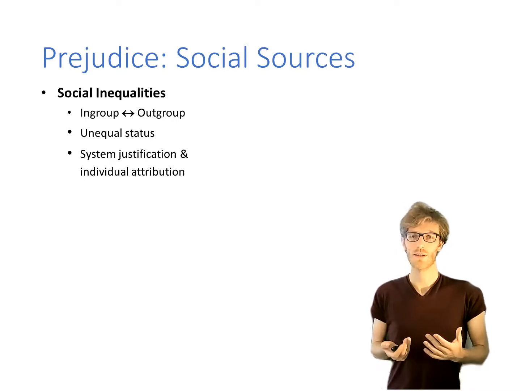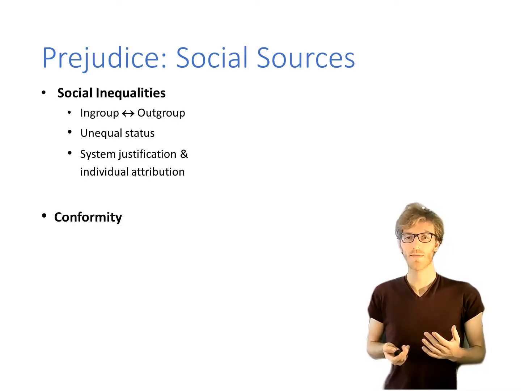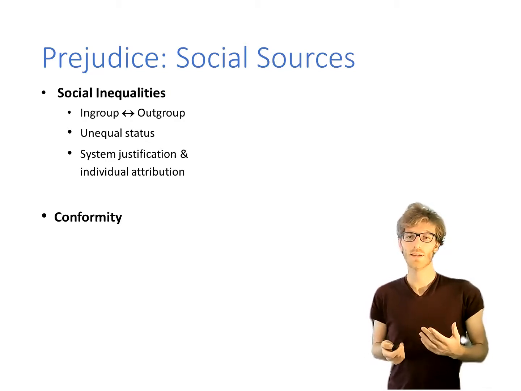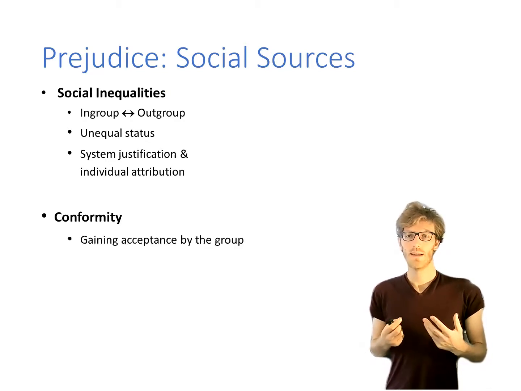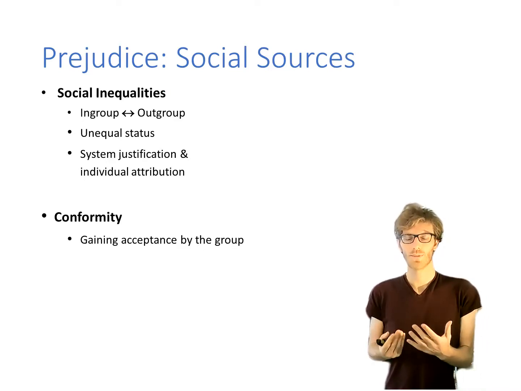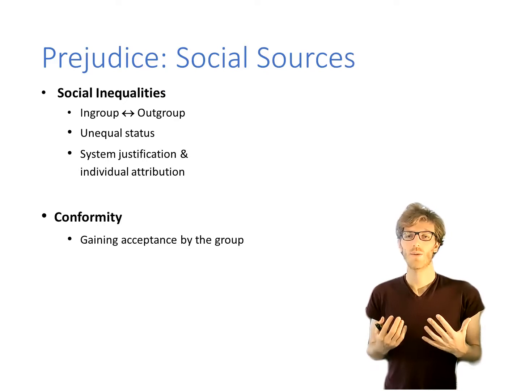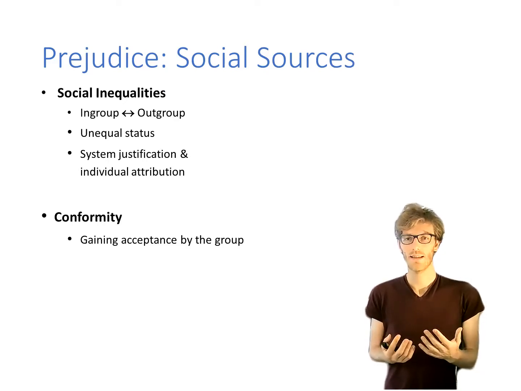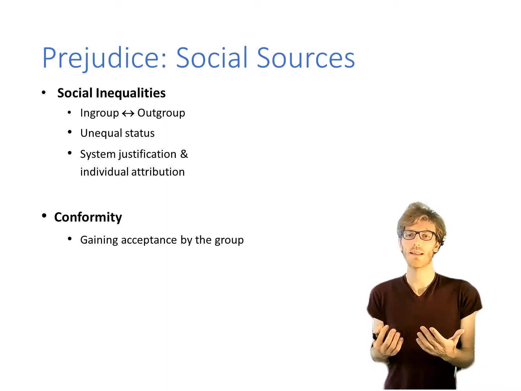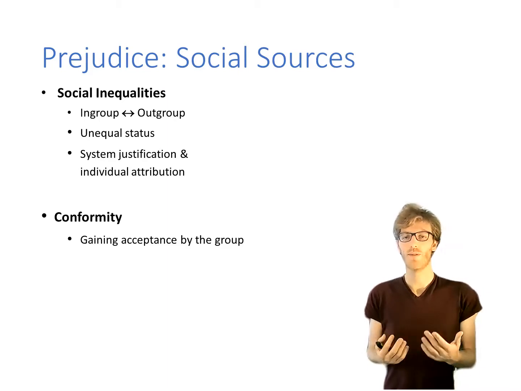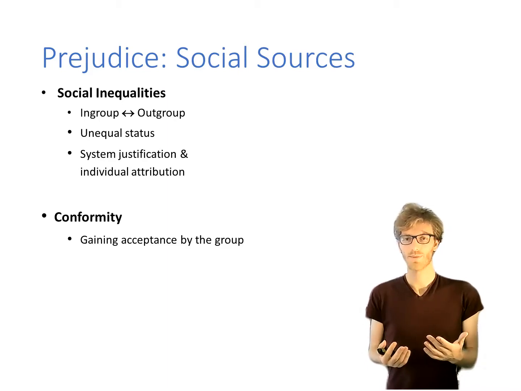There are other social sources of prejudice. One is conformity. Quite often, certain attitudes, certain ideas are seen as part of a group's identity. And then if you share those ideas, it makes you a more valued member of that group.